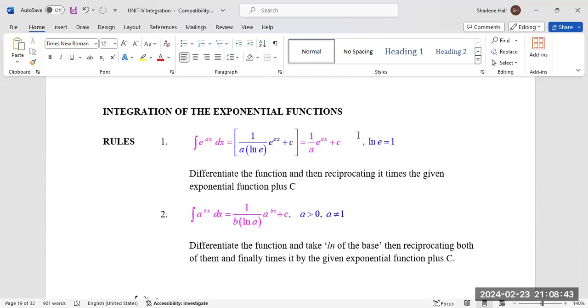Are you seeing it? Yes, sir. Do you have the rules for integration on this document, or is it a different document? I'm going to be sending it to you. All right then, sir. Cool.